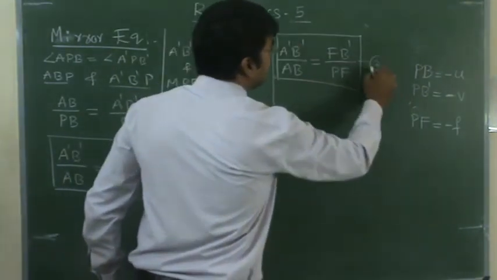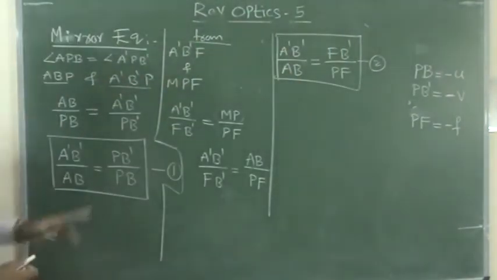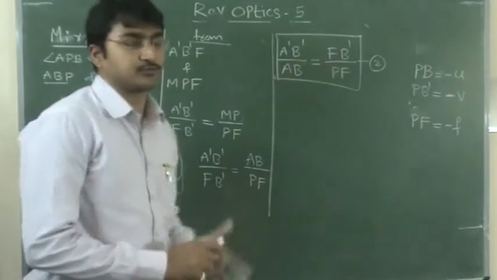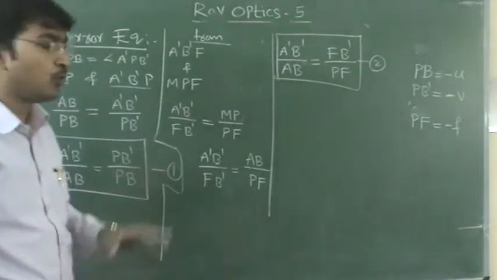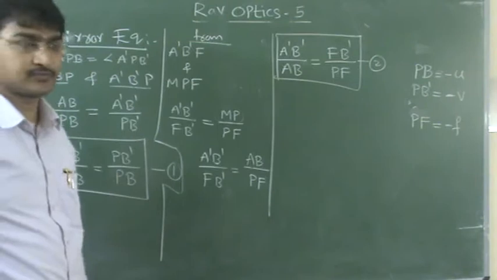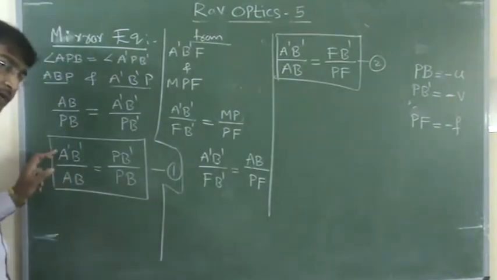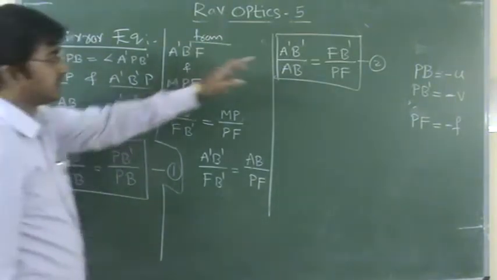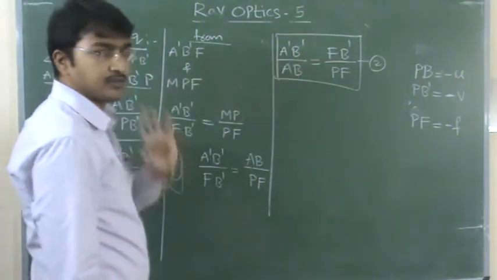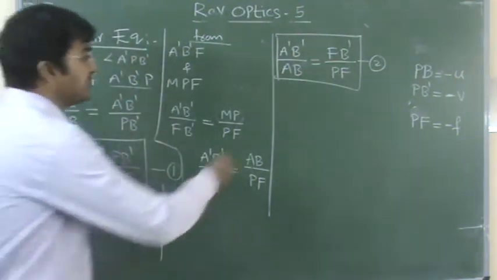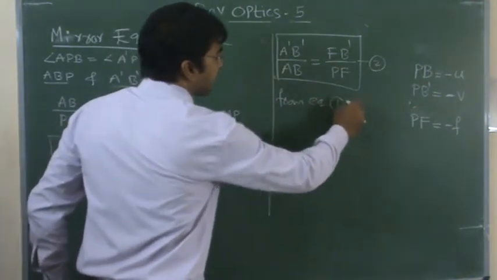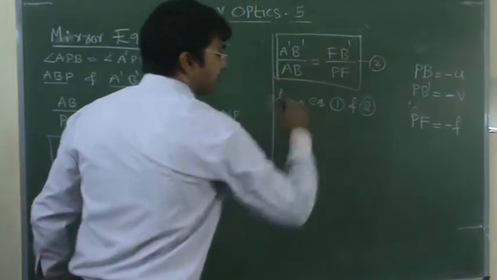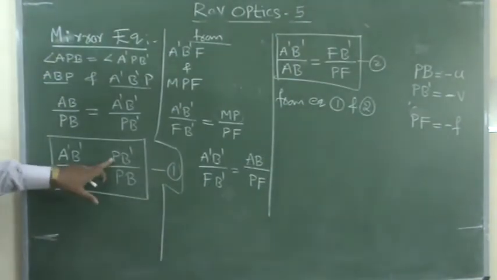So this is equation number 2. Equation number 1, equation number 2. Equation 1 and equation 2 are both the same. Here A'B' by AB, here A'B' by AB. So both give the same value. Therefore from equations 1 and 2, these values are the same.